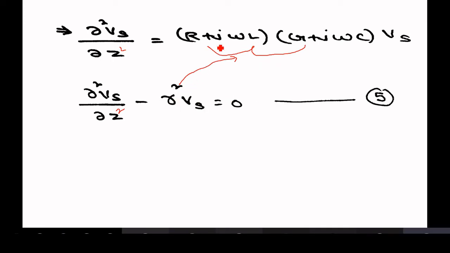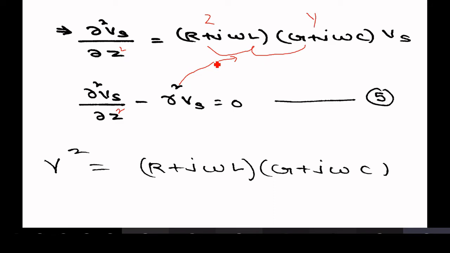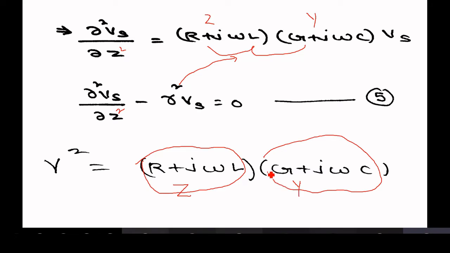So what is gamma square? Gamma square is nothing but R plus j omega L into Z plus j omega C, whereas this is nothing but capital Z and this is nothing but capital Y. So gamma square is nothing but capital Z into capital Y. This is the series impedance part, whereas this is the parallel or shunt admittance part, right?